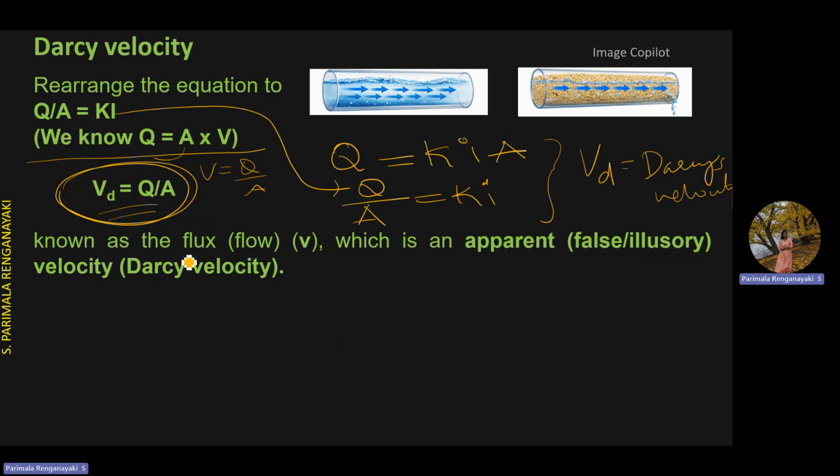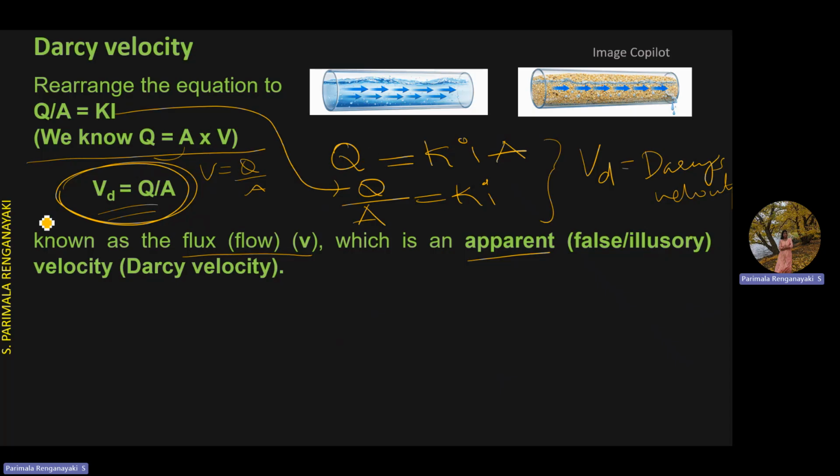Flux means flow, which is an apparent velocity. The word apparent means a false or illusory velocity. Why is this velocity considered a false velocity?